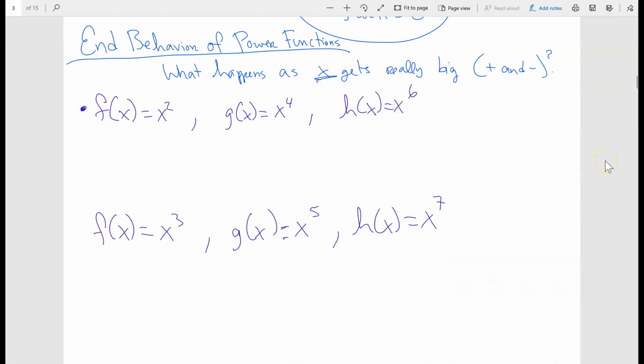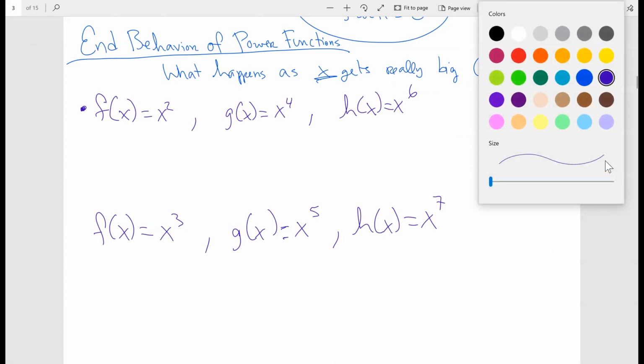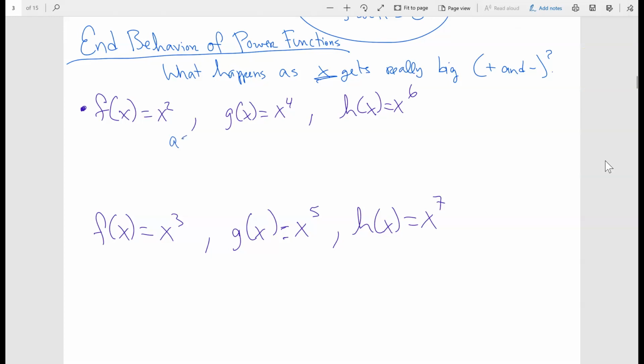So the way that we write it is as x approaches negative infinity, the function approaches infinity. Okay? And also, as x goes to positive infinity, f of x goes to positive infinity.